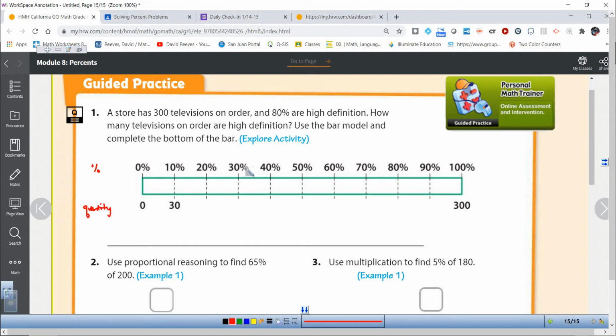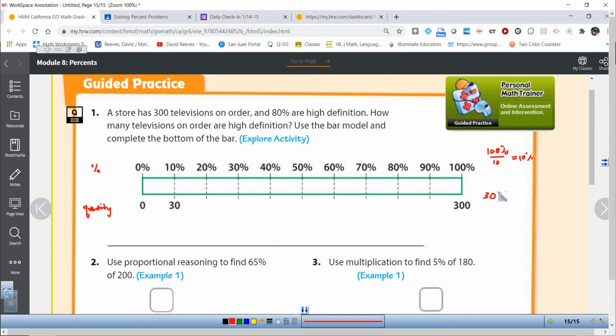So up here we have percents that go from 0 to 100. But our quantity, our sum, is not 100, it's 300. So again, 100% divided by 10 is 10%. So each one of these pieces is 10%.